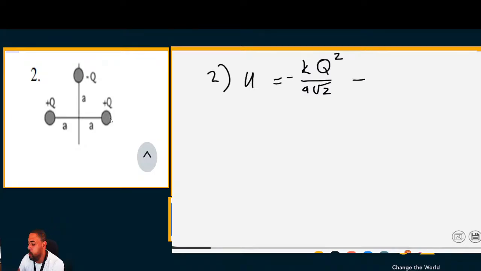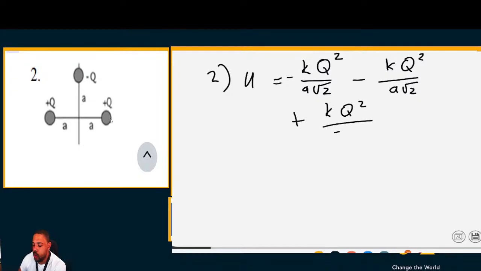So it will be negative k Q squared over a square root 2, and then plus, between the two positive charges themselves, k Q squared over 2a.